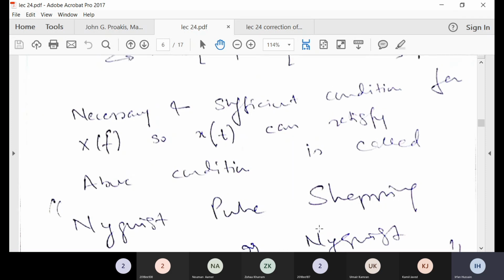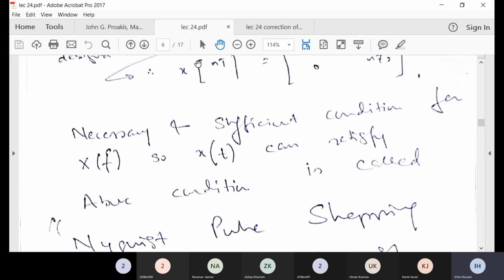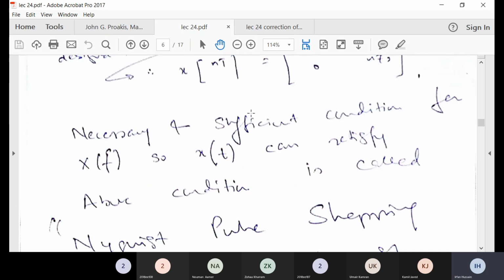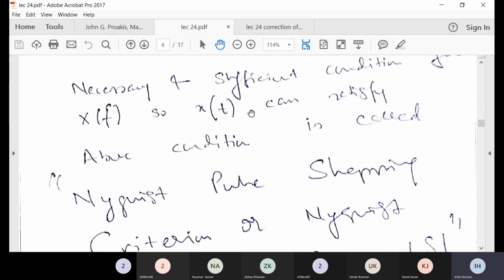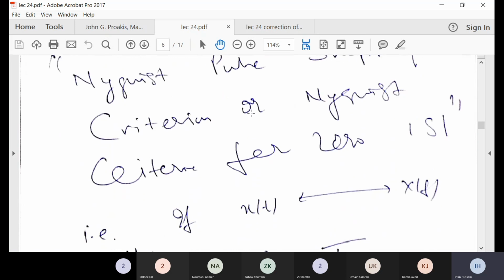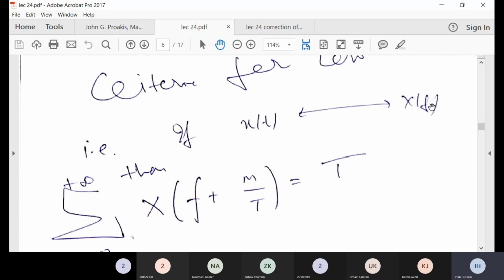So what should be the necessary conditions? This is a condition on the sampled version of x(t), but what should be the necessary condition on X(f) so that x(nT) can satisfy this condition? This condition is called the Nyquist pulse shaping criteria, or Nyquist criteria for zero ISI. X(f) will definitely have some frequency response.